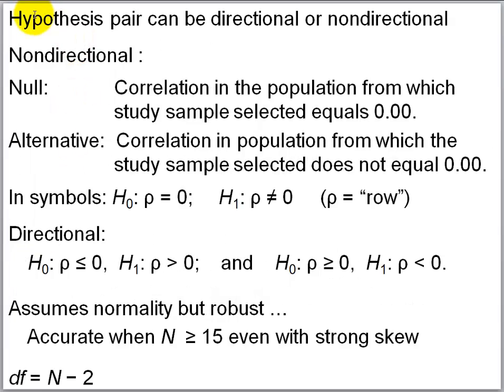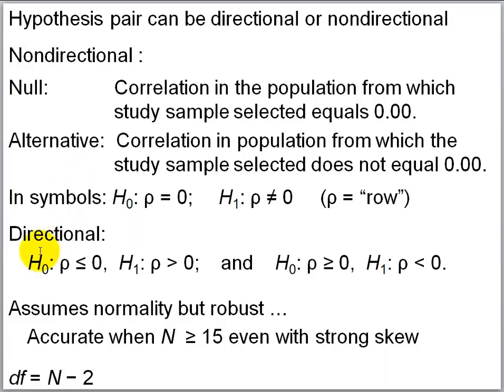Our hypothesis pair can be either directional or non-directional. I'll read the non-directional pair for you. The null is that the correlation in the population from which the study sample was selected equals 0. The alternative is that the correlation in the population from which the study sample was selected does not equal 0.